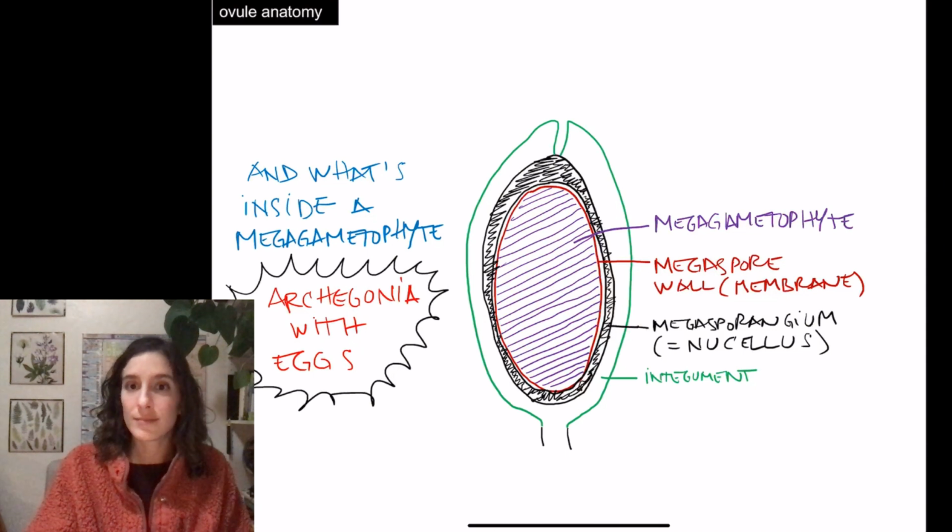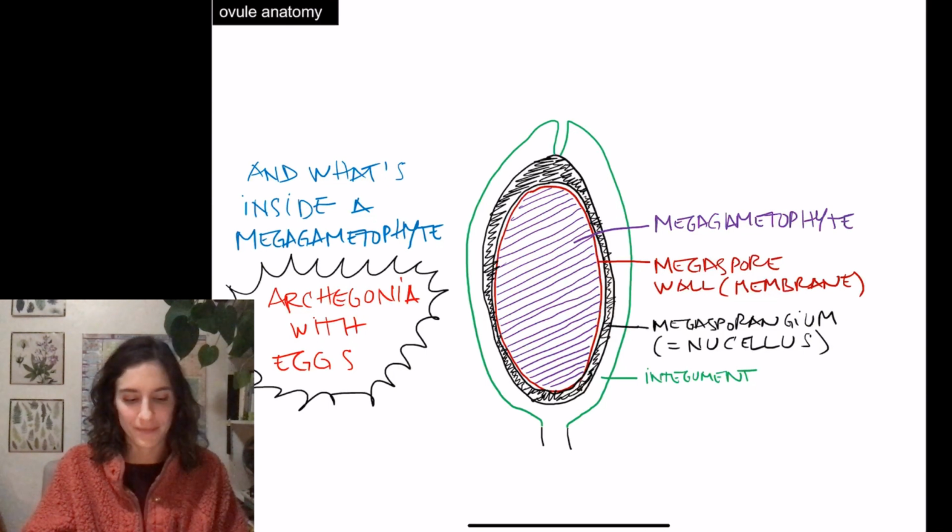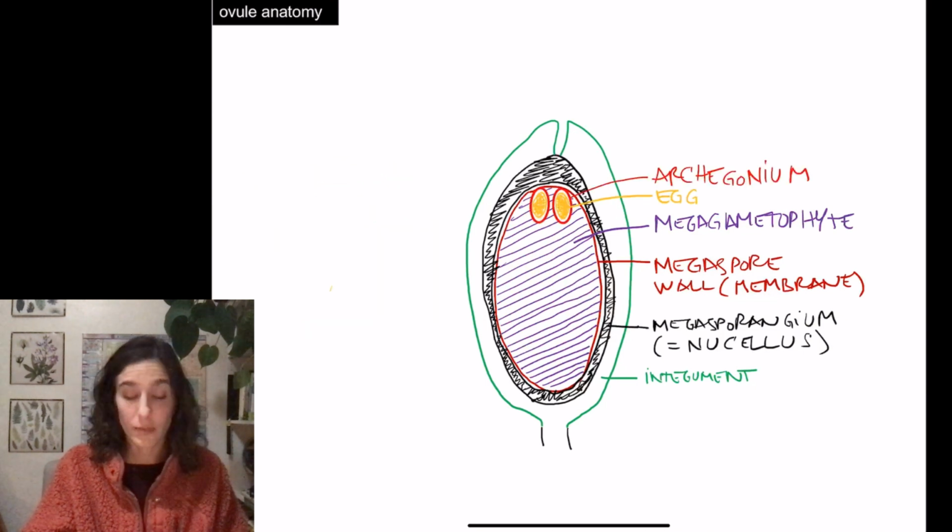An egg. So no surprises there. The surprising thing is that this is all happening not only inside of an enclosed megasporangium, but attached to the strobilus of the mother sporophyte plant. Okay, got a little sidetracked there.